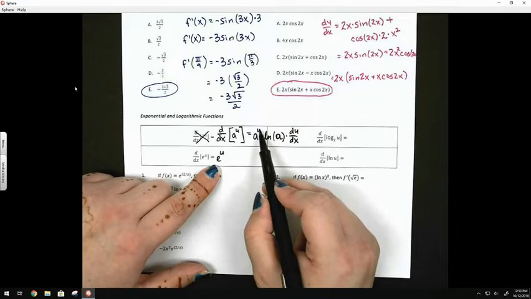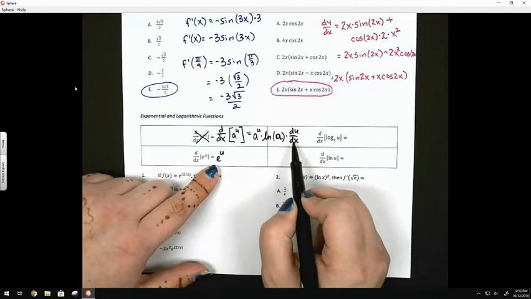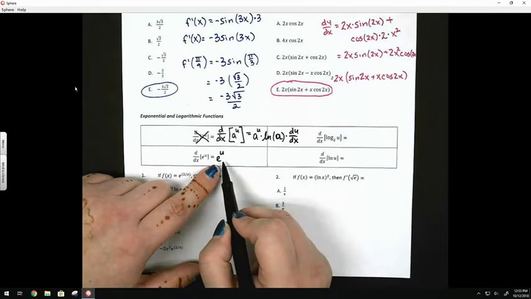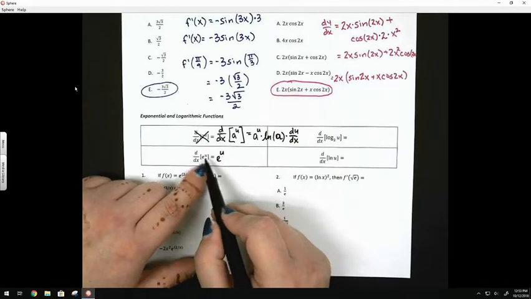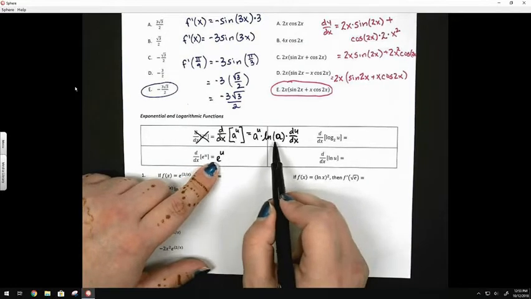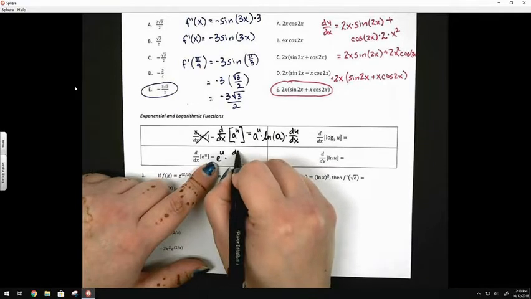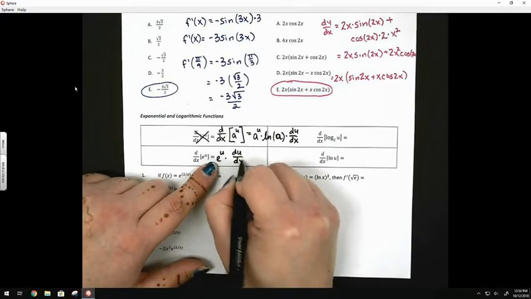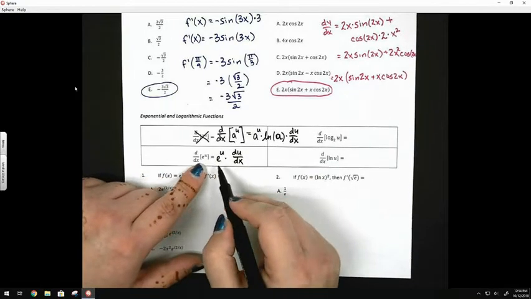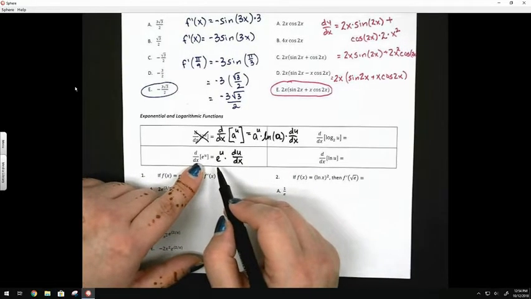A to the u times the natural log of a times du/dx. Now for this one, it's e to the u because it's the original, times the natural log of e, which is really just 1, and then times du/dx, which is really nice because that means that the derivative of e to the x is just e to the x, and there's nothing else you have to do with it. It's kind of nice.